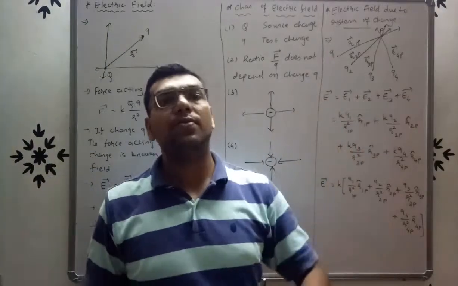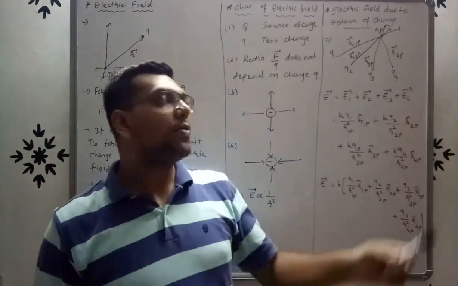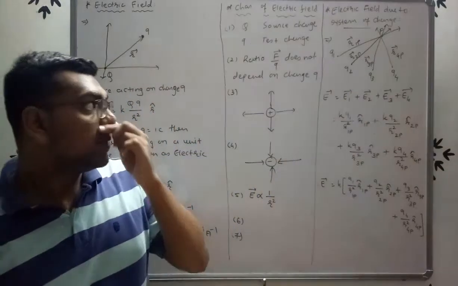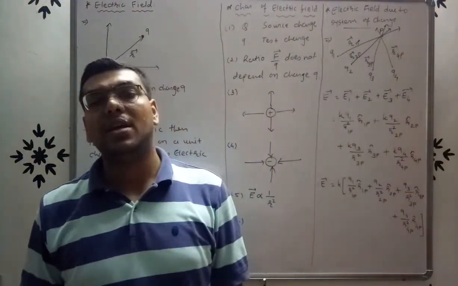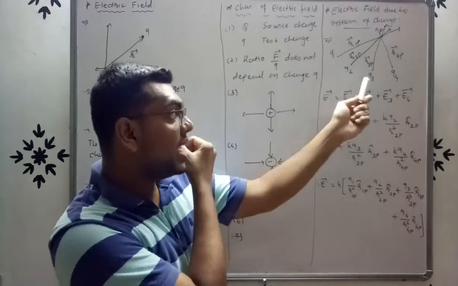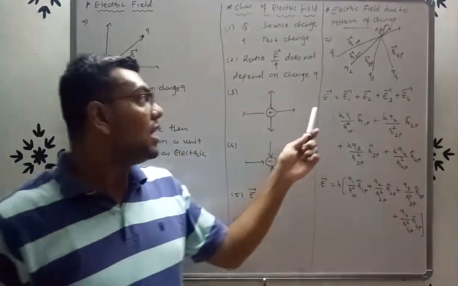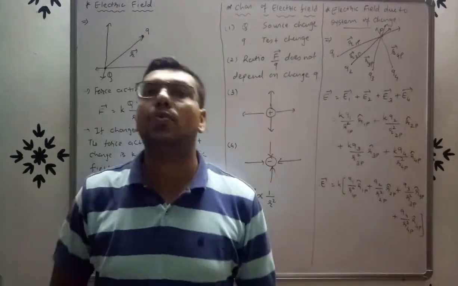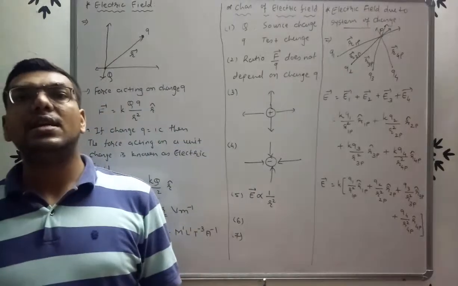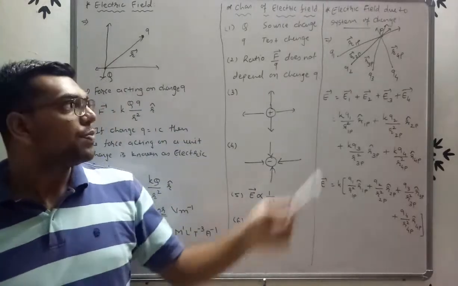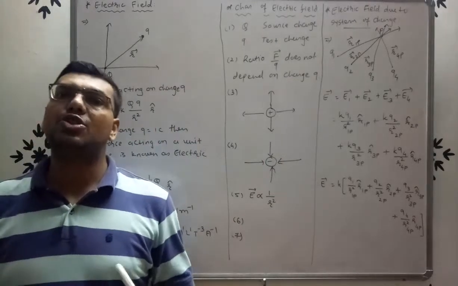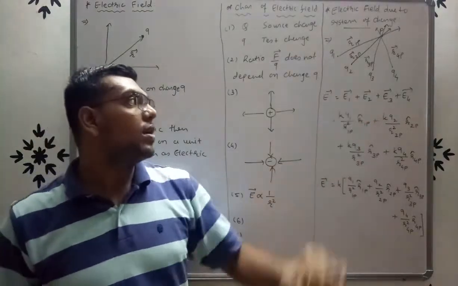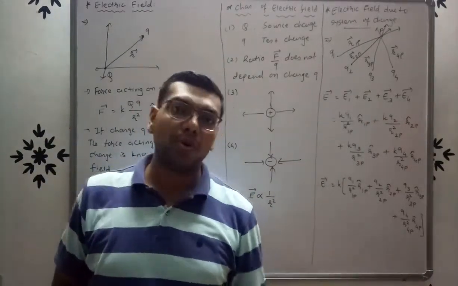Electric field due to the system of charges. As shown in the figure, we have to find the electric field at point P due to the system of charges. Here the electric field at P is due to charge Q1, Q2, Q3 and Q4. So total electric field E is equal to E1 plus E2 plus E3 plus E4, where E1 is the electric field due to Q1, E2 due to Q2, E3 due to Q3, E4 due to Q4, right?